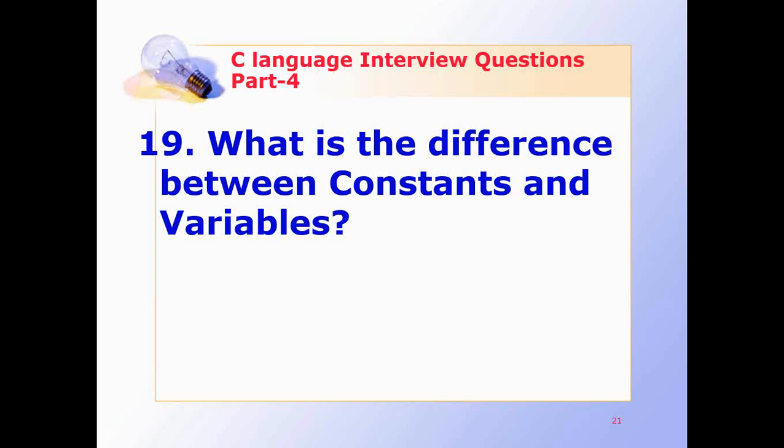Variables can be initialized after their declaration, whereas constants must be initialized at the time of their declaration. Otherwise, they'll take a garbage value.